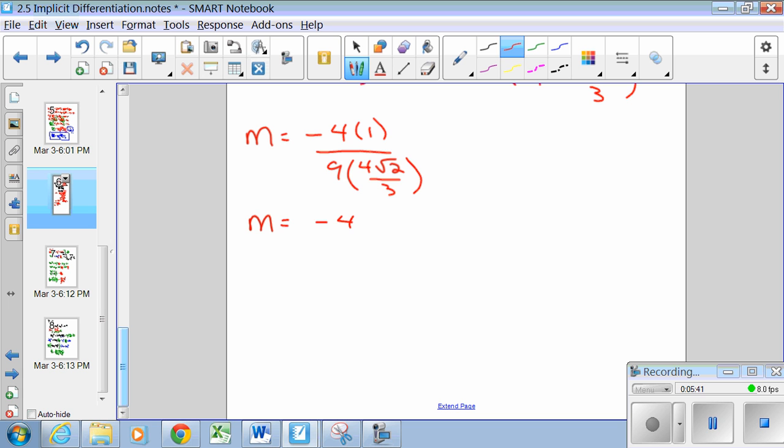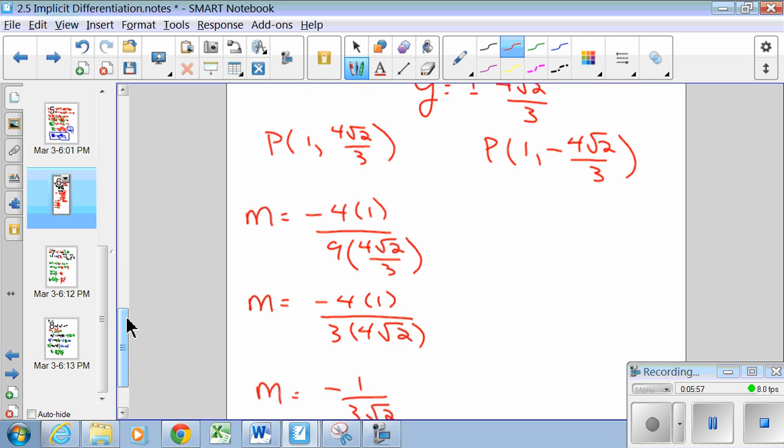I have negative 4 times 1. I have 3 times 4 root 2. The 4's can cancel, and my slope is negative 1 over 3 root 2. And that's the slope at the point that's on the top of the ellipse. And similarly, we can go through all the same math and find the slope that is on the bottom of the ellipse.